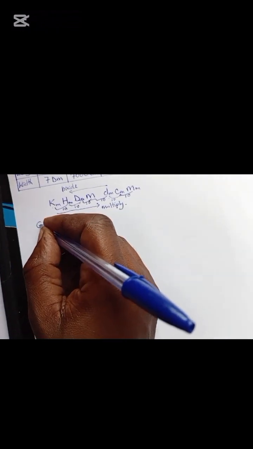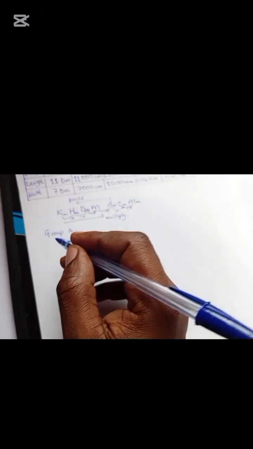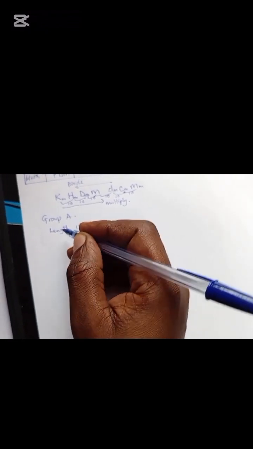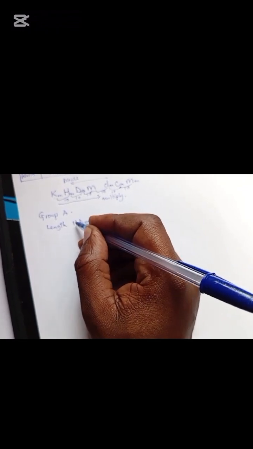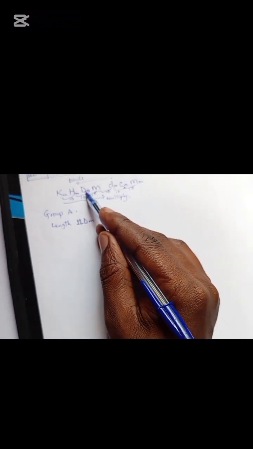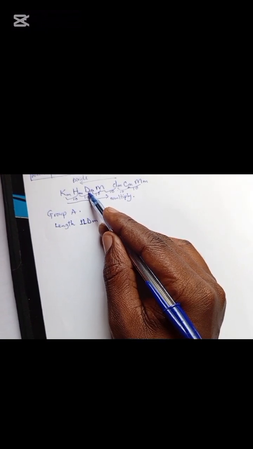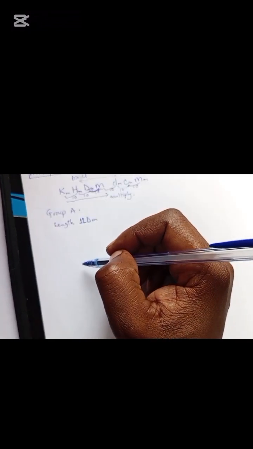Now, supposing I'm considering group A, which has measured the length of the football pitch to be 11 decameter. Now, if we have decameter and meters, you see that the decameter is bigger than meters, and the variation between the decameter and meter is just 10 units.